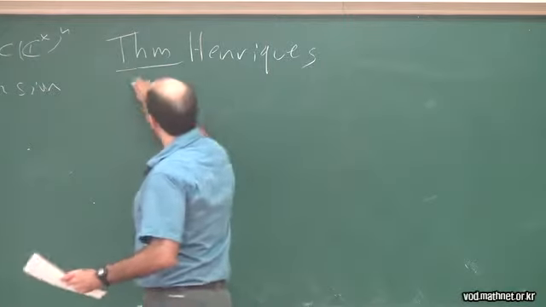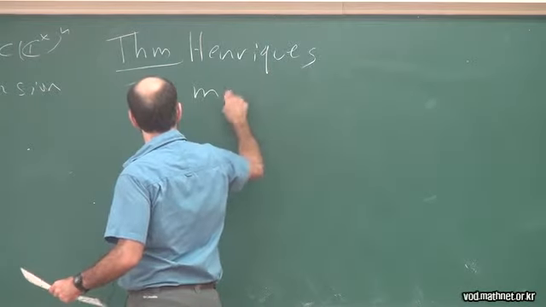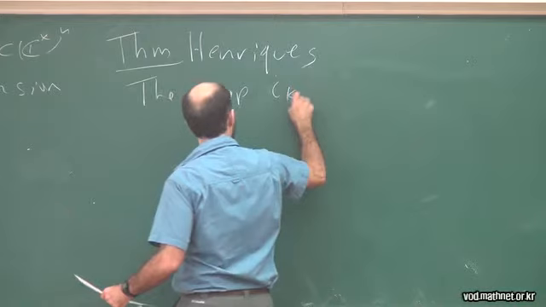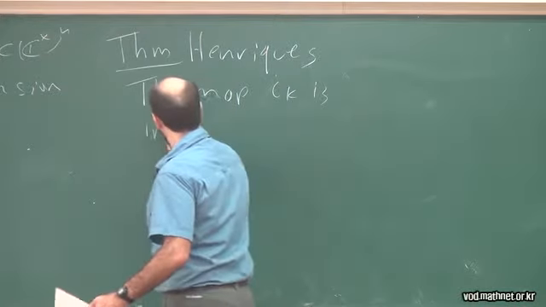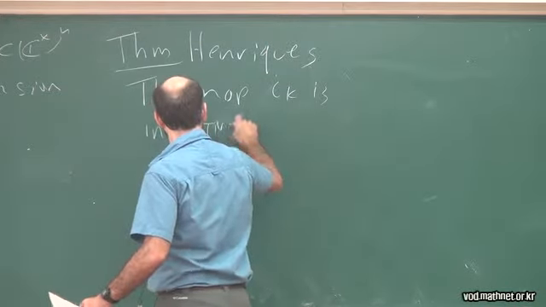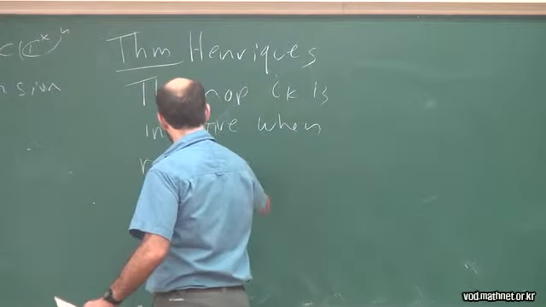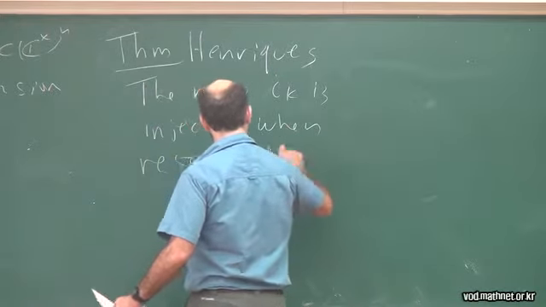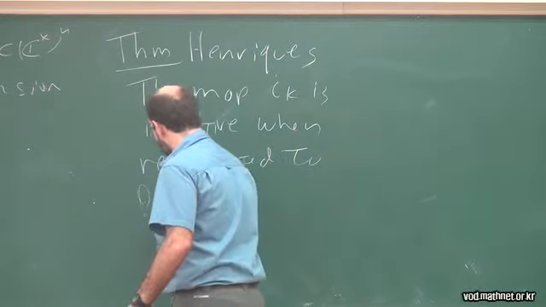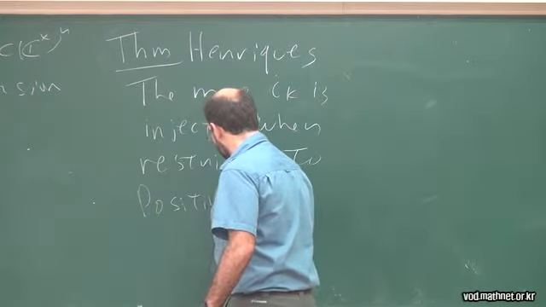He says that the map IK is injective when restricted to positive cycles, and I need to say what that means.